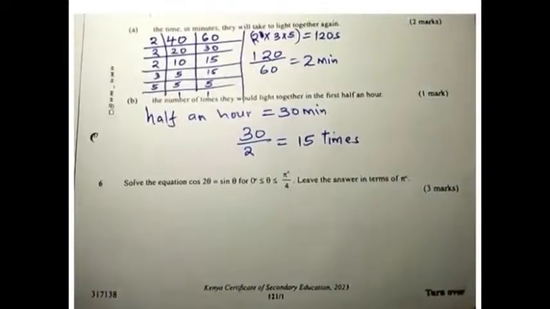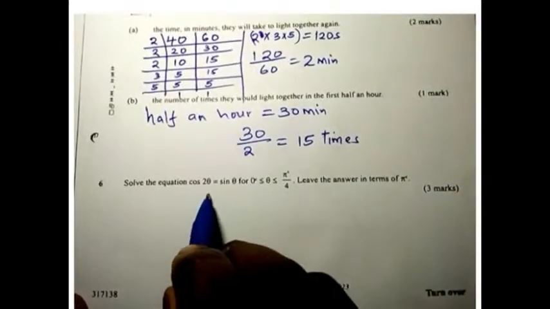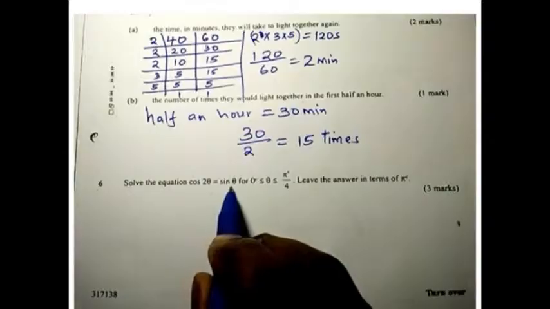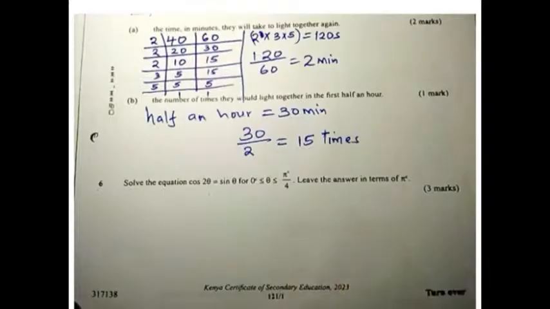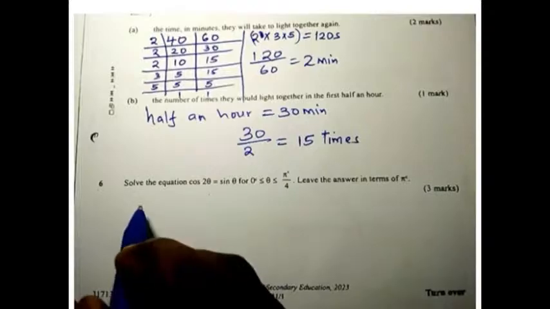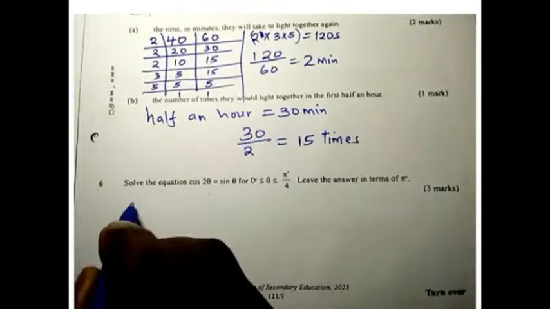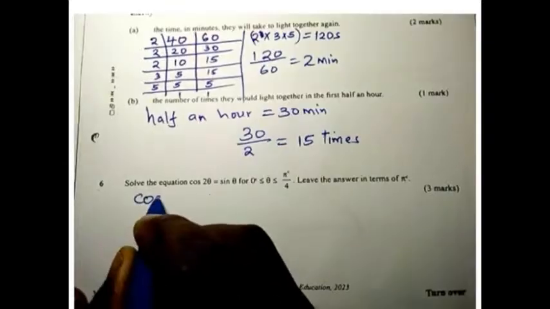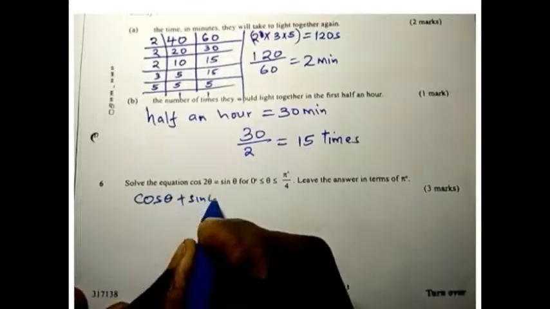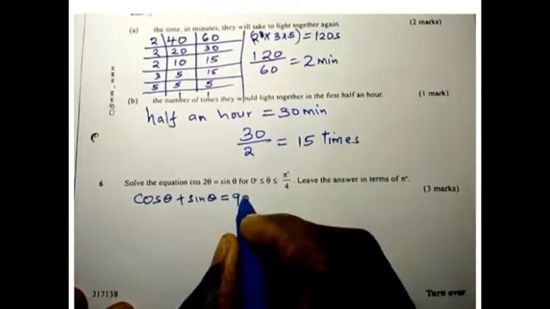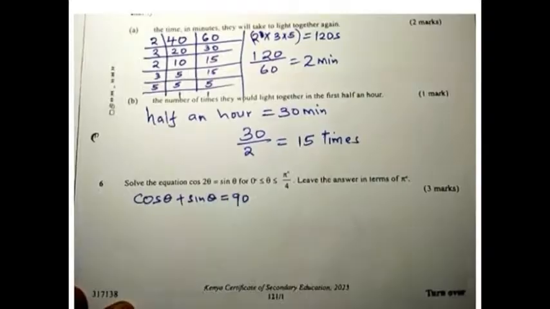Solve the equation cos 2 theta is equal to sin theta. Leave your answer in radians. So remember cos theta plus sin theta is equal to 90 because these are complementary angles.